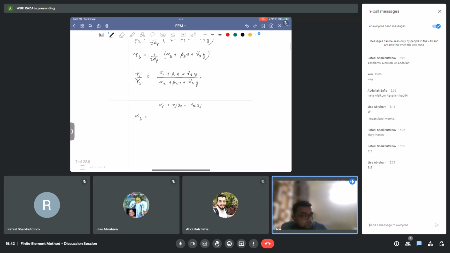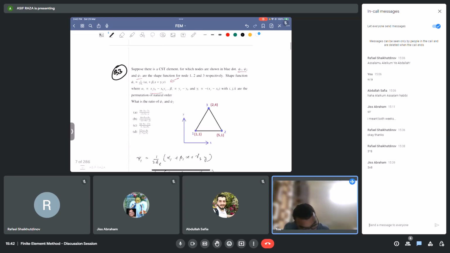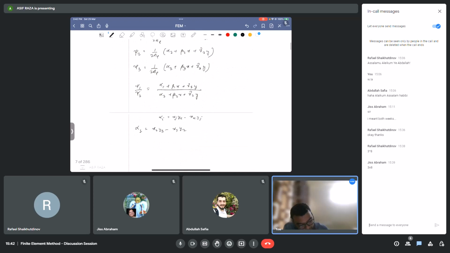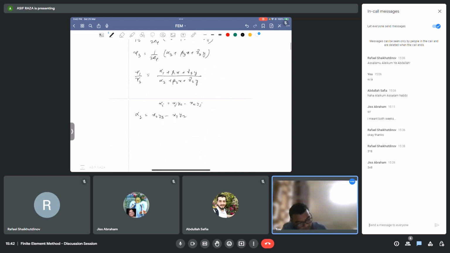So alpha 1 would be equal to x2 y3 minus x3 y2, with ijk in the circular permutation 1 2 3.